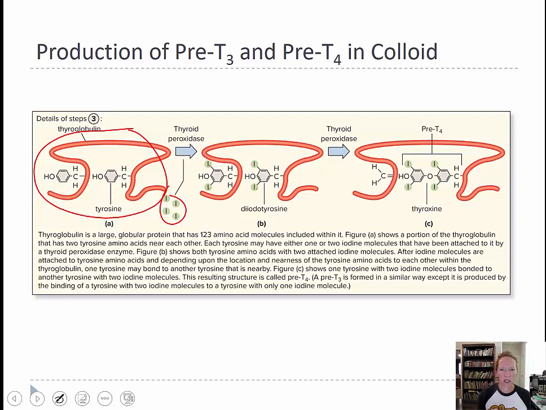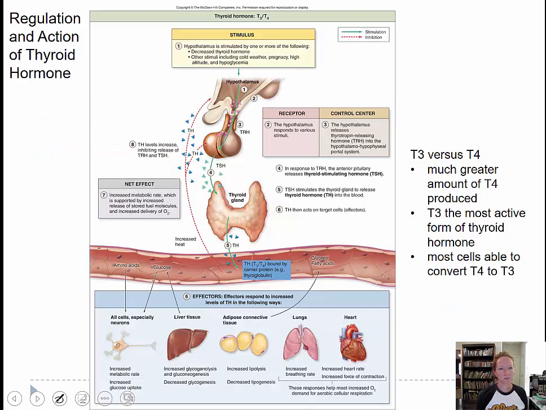This is looking at T4 because it has 1, 2, 3, 4 iodine molecules. If it was T3, it would only have 3 iodine molecules. So this shows what's happening in the colloid mixture, how iodine and thyroglobulin meet in the colloid and join together, and then move back into the follicular cells.